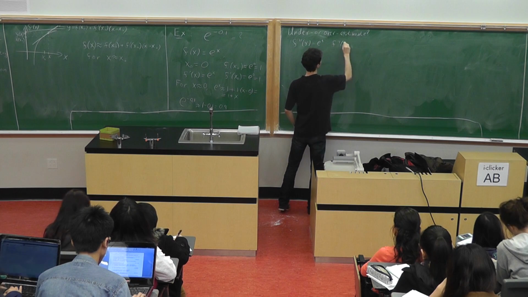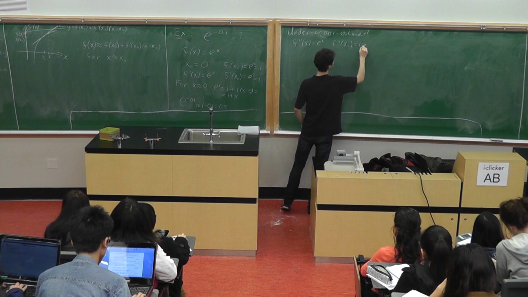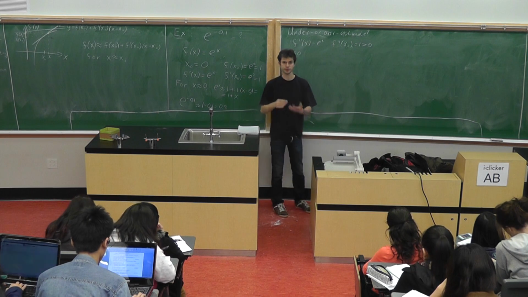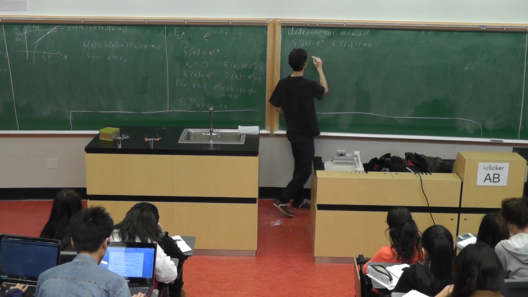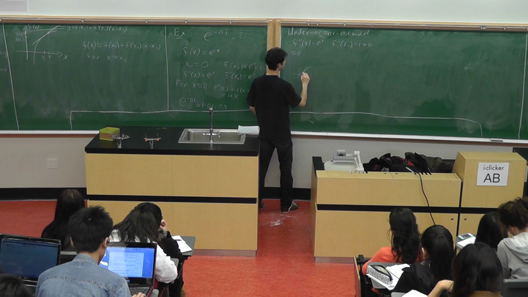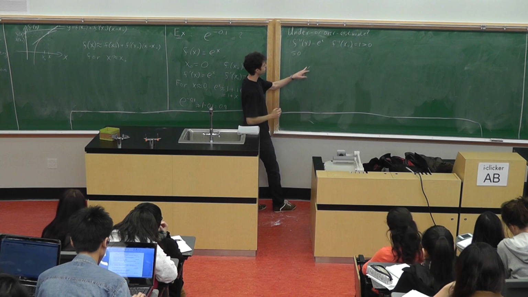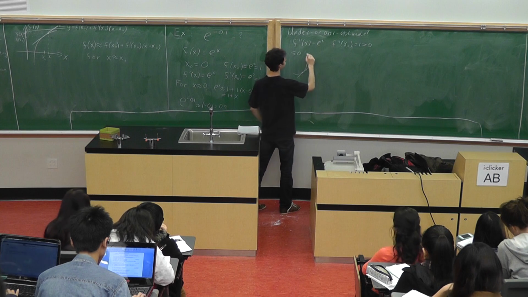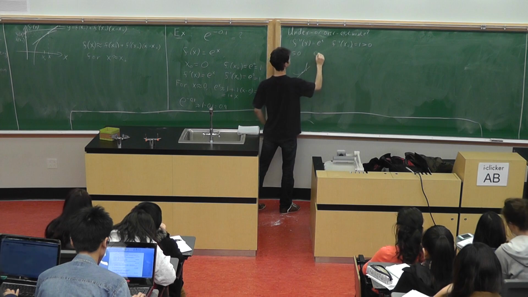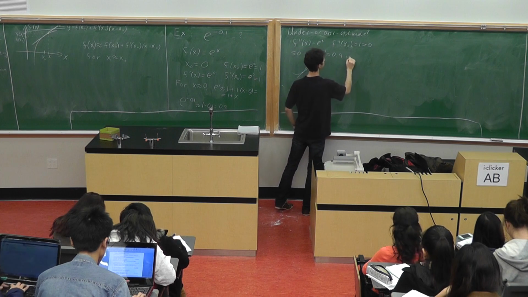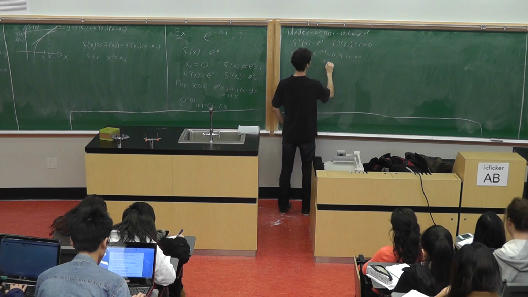At the point x naught, it happens to be 1, it happens to be positive. So my function is concave up. Well, maybe I can draw this chart. Function is concave up, so this must be an underestimate. So e to minus 0.1 is approximately 0.9 is an underestimate.